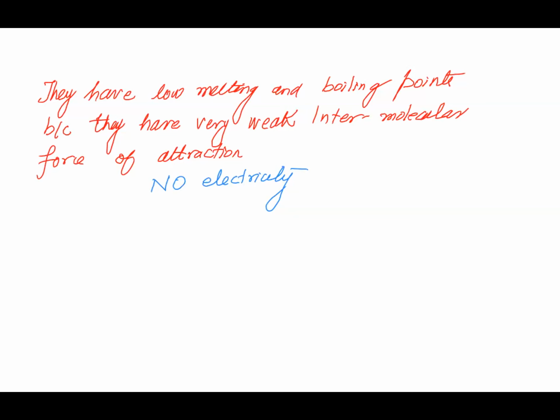Also they have low melting and boiling point because they have a very weak intermolecular force of attraction. They don't conduct electricity because they don't have ions, so they don't have any charge. And they are soluble because they dissolve in non-polar substances. Very good. Very, very good.